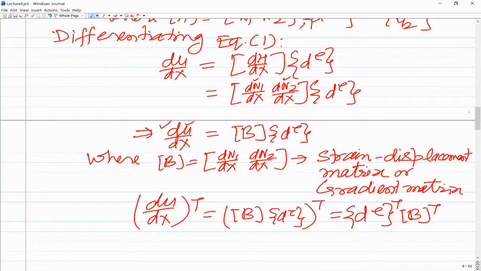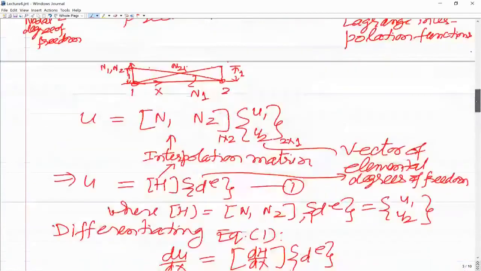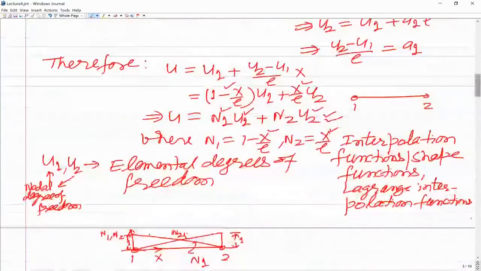Now if you look at epsilon xx, the normal strain along the x direction, epsilon xx will be equal to du by dx. Looking at N1 and N2, N1 is 1 minus x by l, and N2 is x by l.